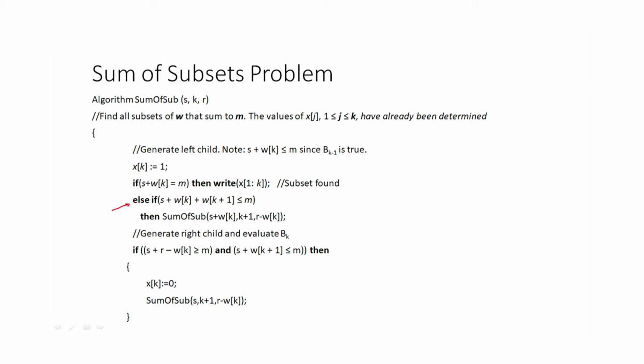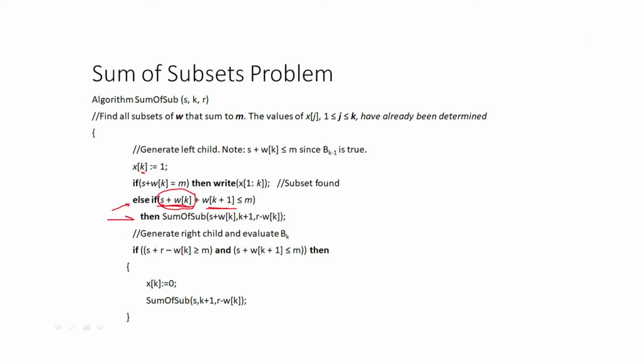Now if we have not found the solution, then if the current sum plus the current weight, let us represent this as the weight so far, because we have considered weight number k, as you can see there, plus the immediate next weight, this is the second condition of our bounding function, is less than or equal to m, then we can continue by considering the other weights, or the next weight in line.